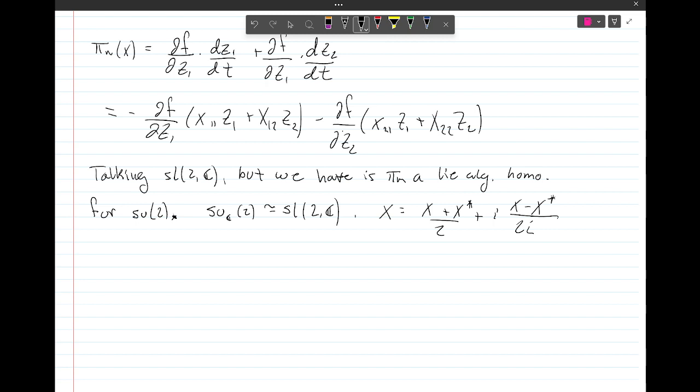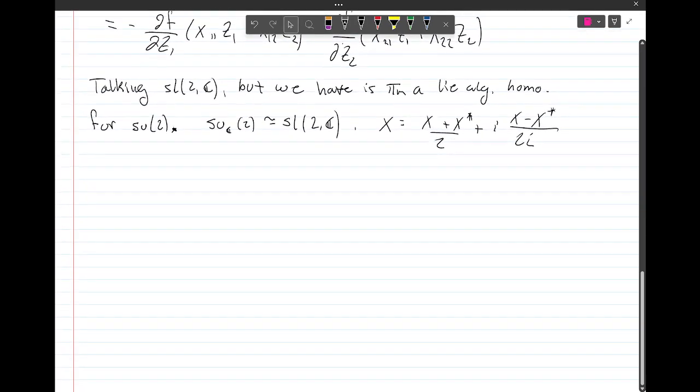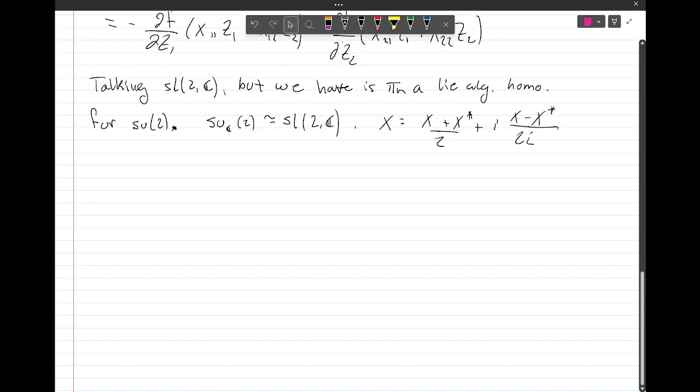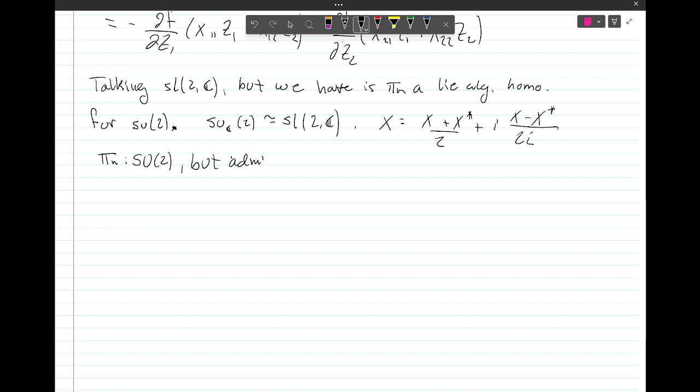So its complexification is homomorphic to SL2C. And so, therefore, pi m might be defined on SU2, but it admits an extension to SL2C, its complexification.